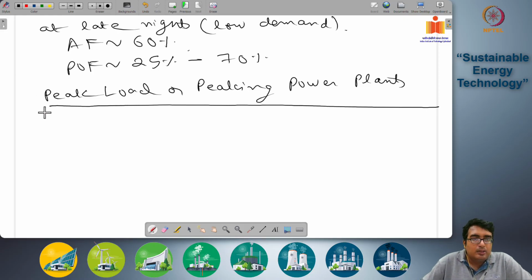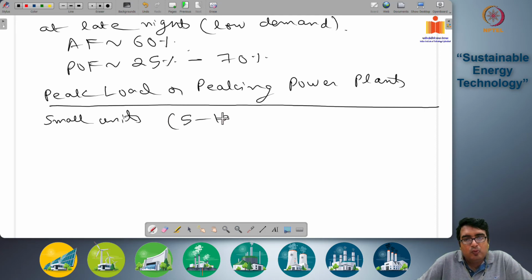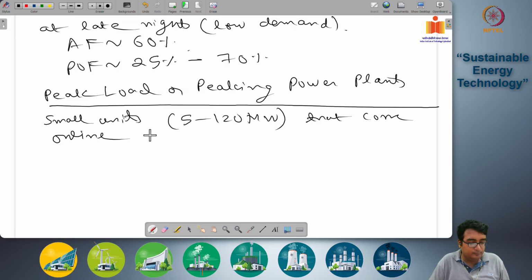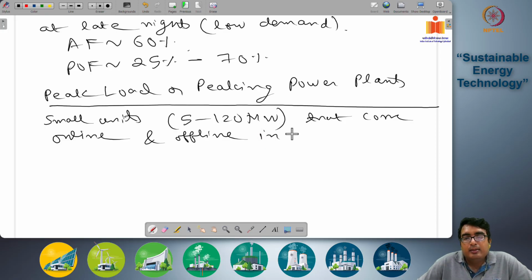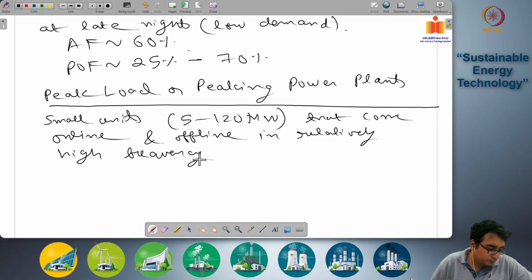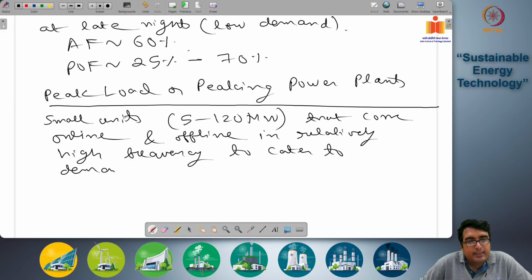So these are small units, 5 to 120 megawatts, that come online and offline in relatively high frequency to cater to demand spikes.